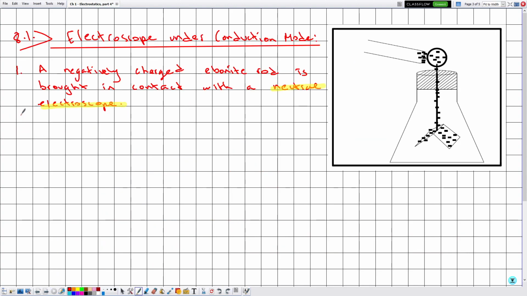Now in number 2, electrons will migrate from the rod to the knob, stem, leaves system.